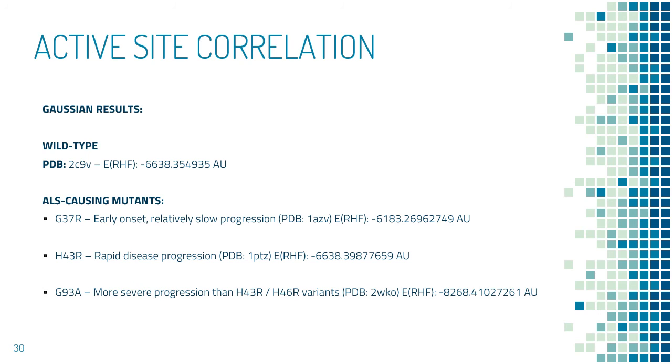And that's why it may be able to have some function, but not enough to not cause a disease. And last but not least, once again, the most severe progressing variant of the mutations is G93A, and that one had the lowest energy of the sorts.